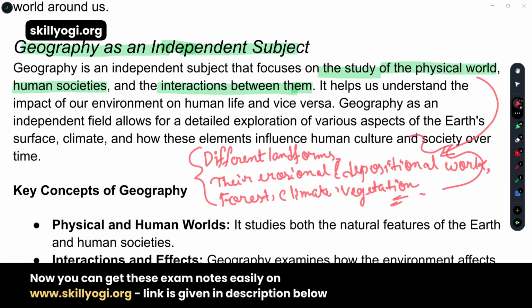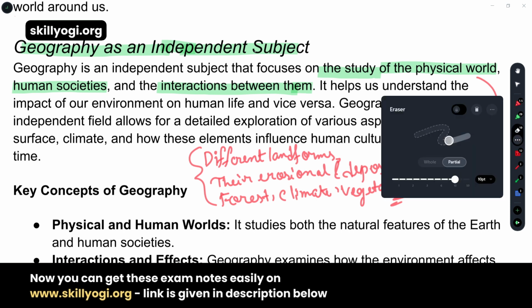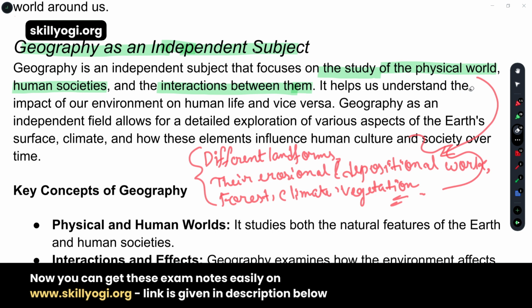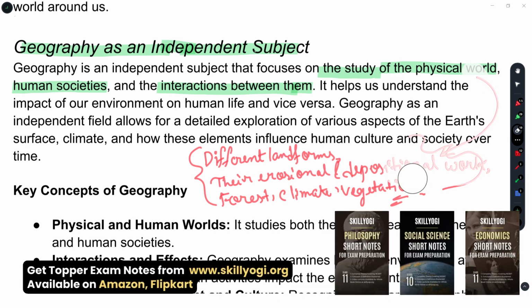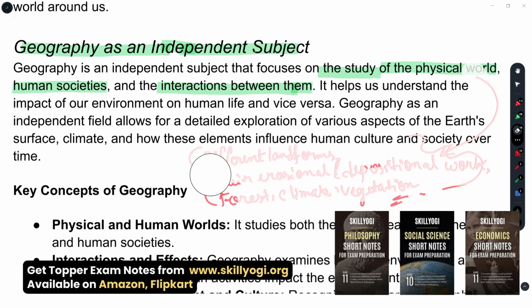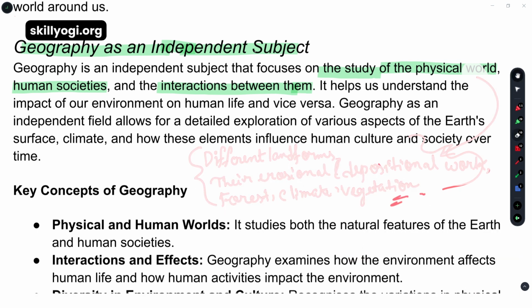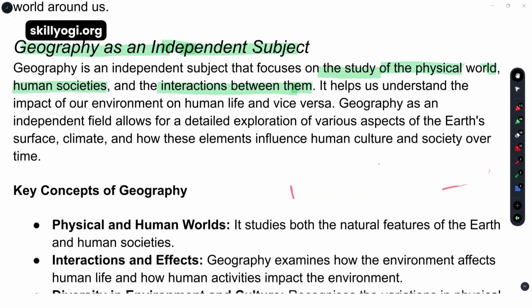Come to the human society. I am erasing this, just wait for a minute. Next we have the next part, which is human society, how it's related to the human society. Yes, human society.